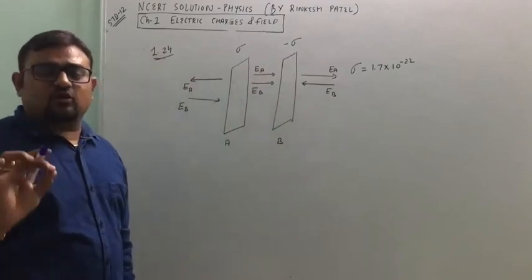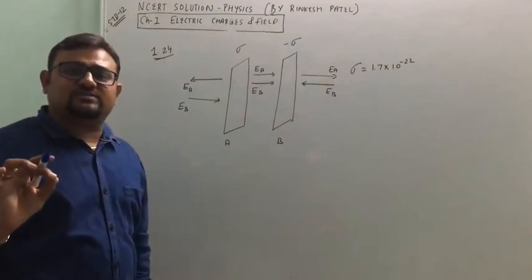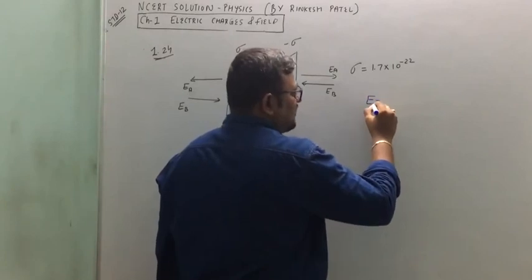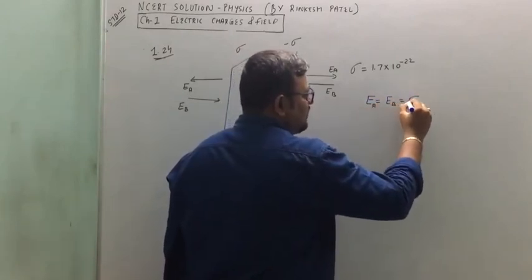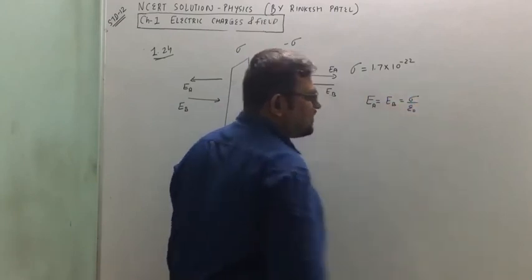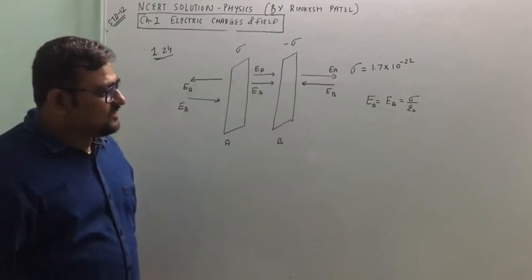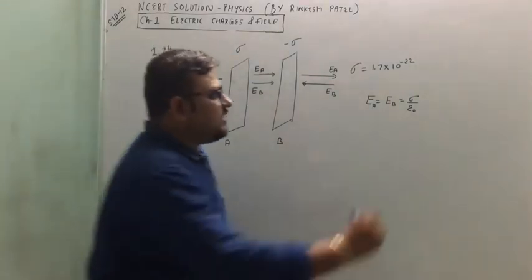Now the formula for electric field due to an infinite plane sheet of charge. I will write that EA will be equal to EB will be equal to sigma by 2 epsilon 0.